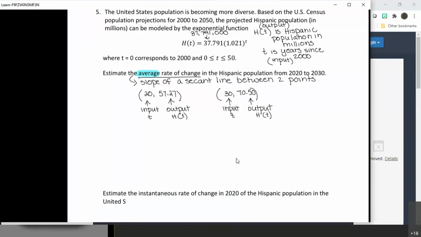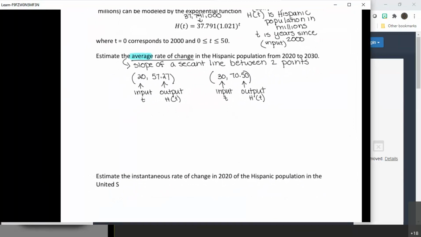Then I just take slope, or average rate of change, I should say, because they didn't ask me for slope, but that's what I'm going to use.